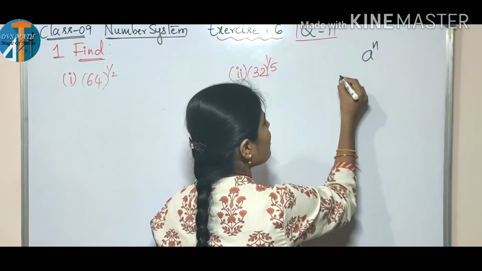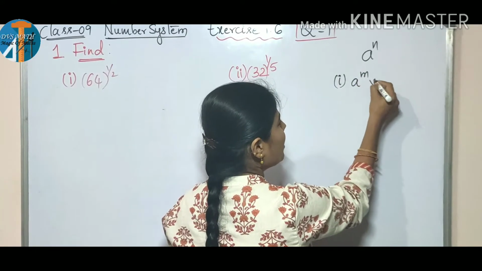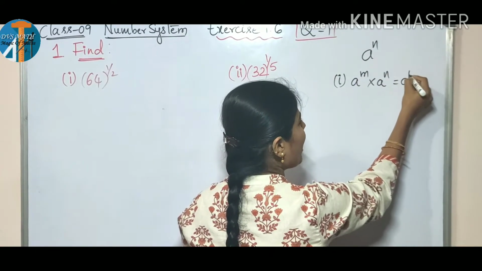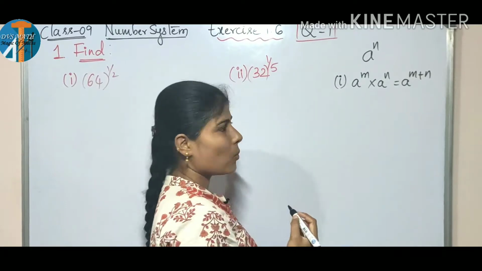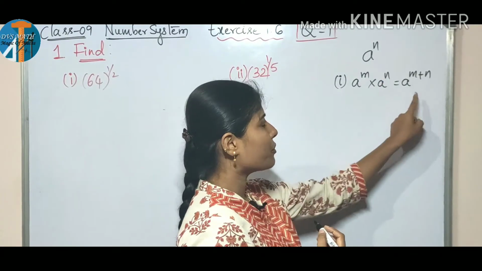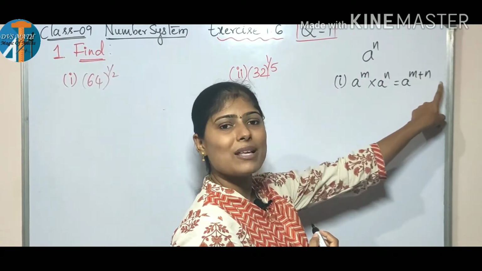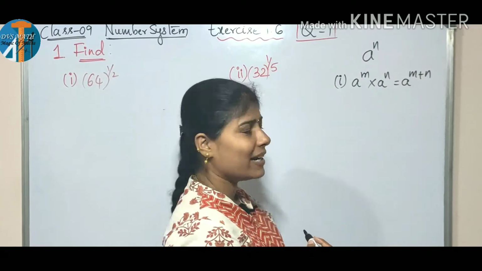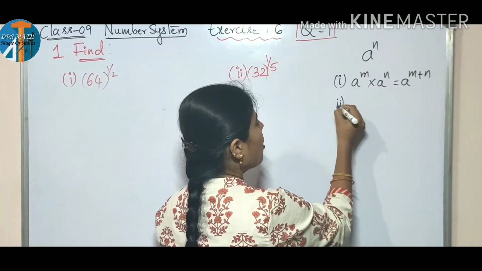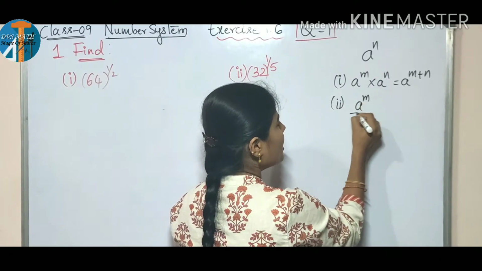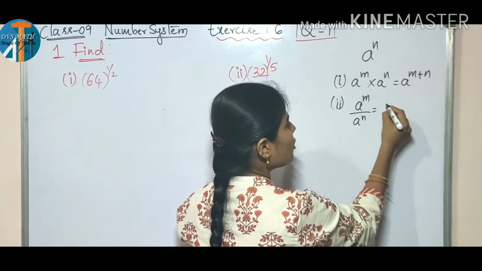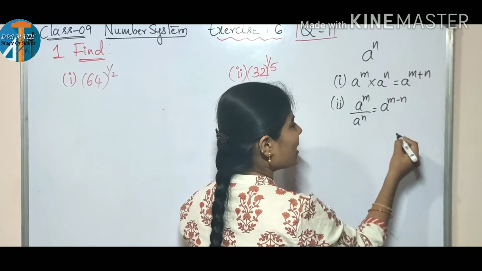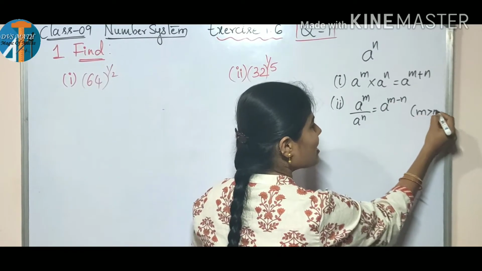Number 1: a power m into a power n is equal to a power m plus n. When the bases are the same and the powers are different, and it is a product, the powers can be added. Second law: a power m divided by a power n is equal to a power m minus n, and remember m is greater than n.